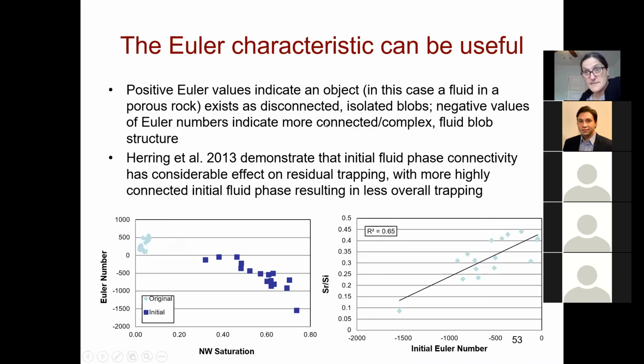And if we sum up all of the components for our trapped blobs, we got about 20, right? So we were around here. And negative values indicate a more connected and complex fluid blob structure. And when our entire pore space was this more connected fluid structure, that was our minus 450. So we were somewhere here, right? So we technically agree with this finding.